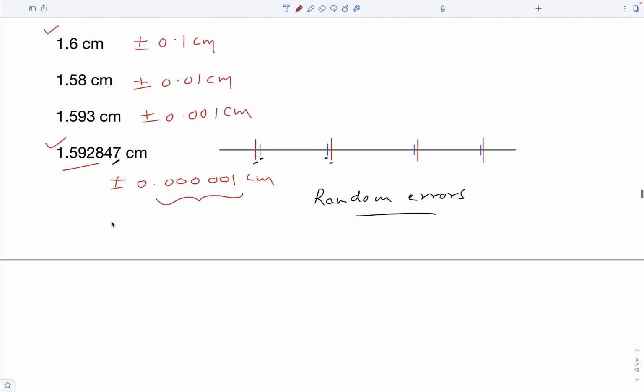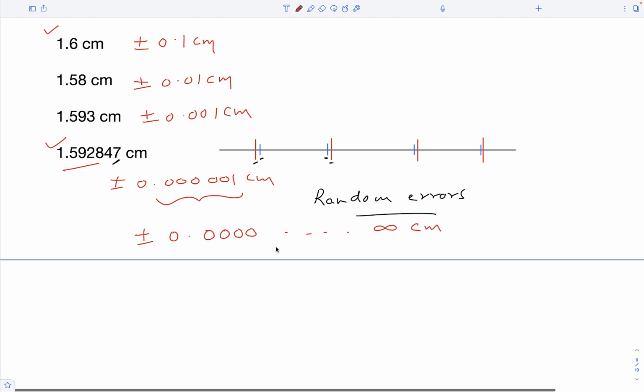But when will a measurement become 100% exact? When the amount of uncertainty becomes exactly 0, that is 0.0000 up to an infinite number of zeros. But when will the amount of uncertainty become exactly 0? When you measure something up to an infinite number of decimal places with absolute certainty.